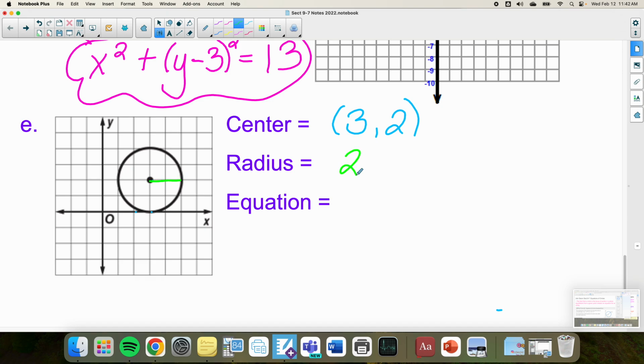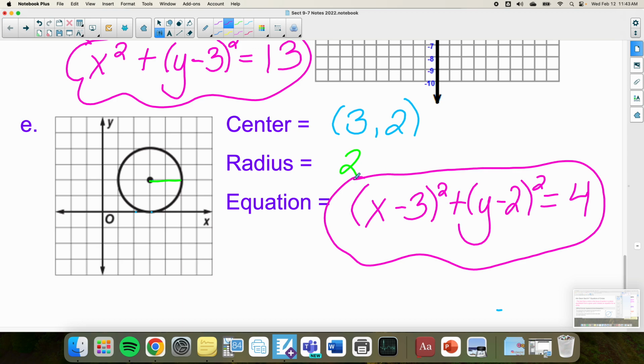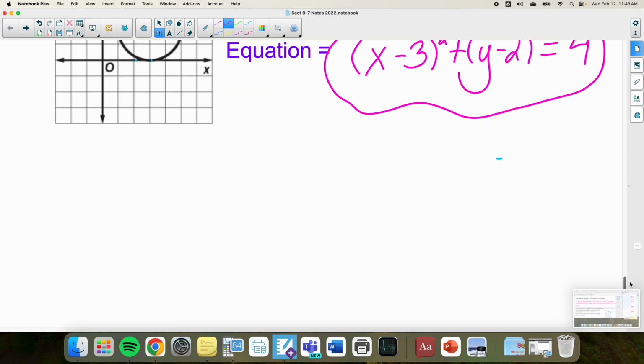And now is it easy to write the equation? I would go x, what? Minus 3 in parentheses squared plus y minus 2 in parentheses squared equals 2 squared, which is 4. Everybody understand that? Not too bad?